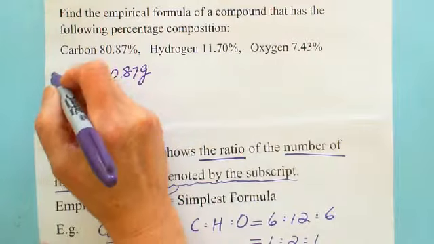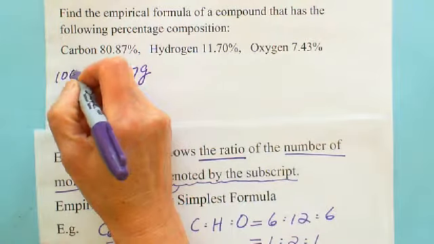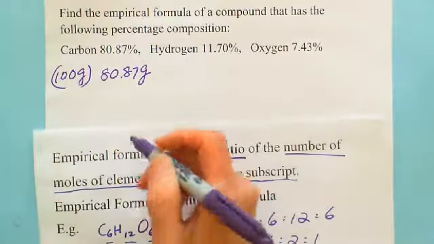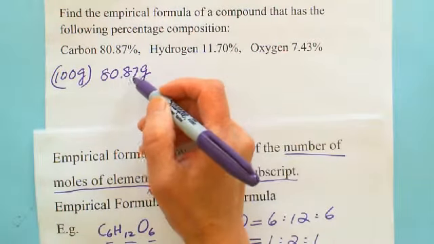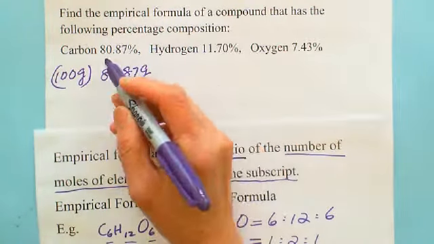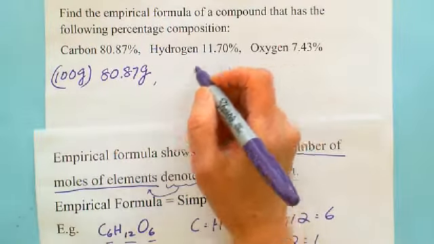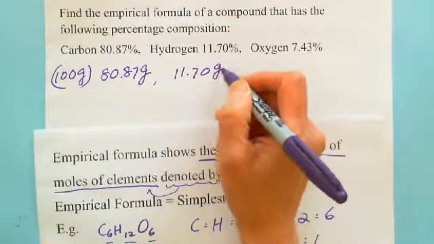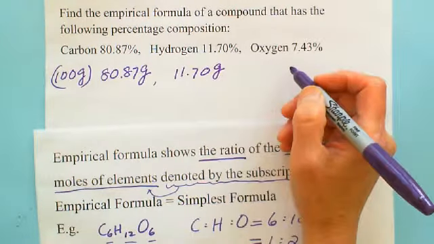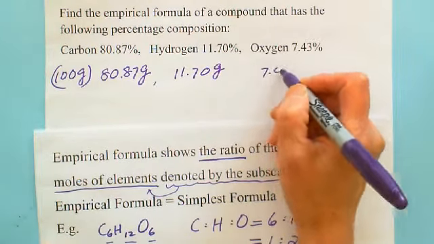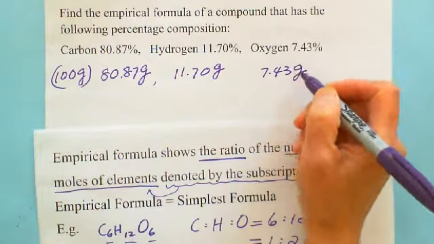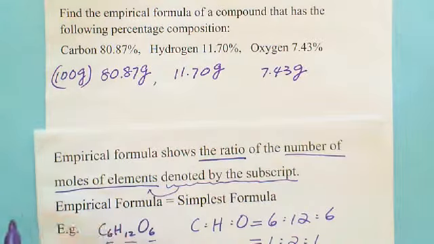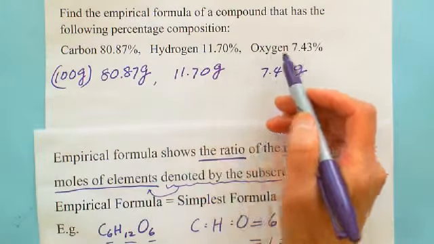In 100 grams of this compound, you have 80.87 grams of carbon, 11.70 grams of hydrogen, and 7.43 grams of oxygen. So this is in 100 grams, because this is from percentage composition.